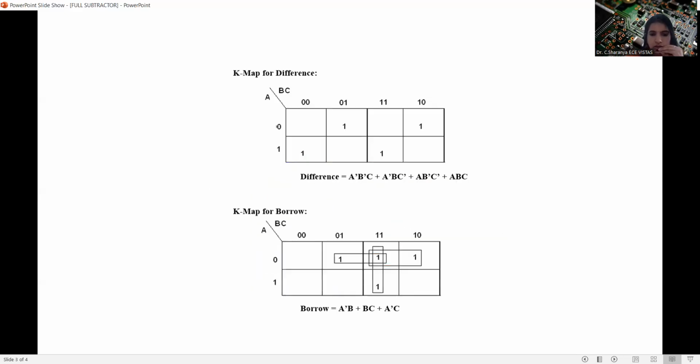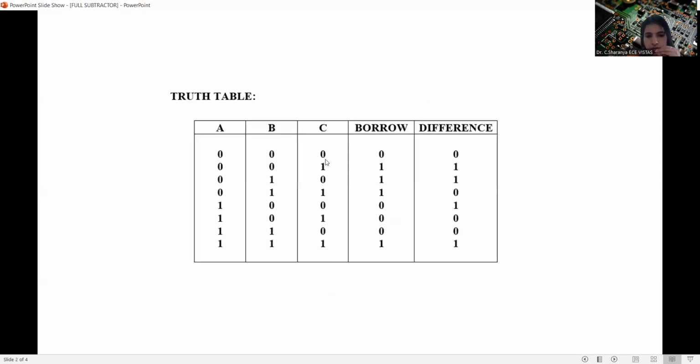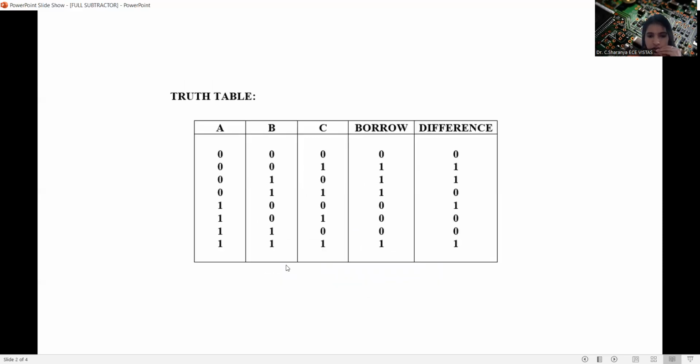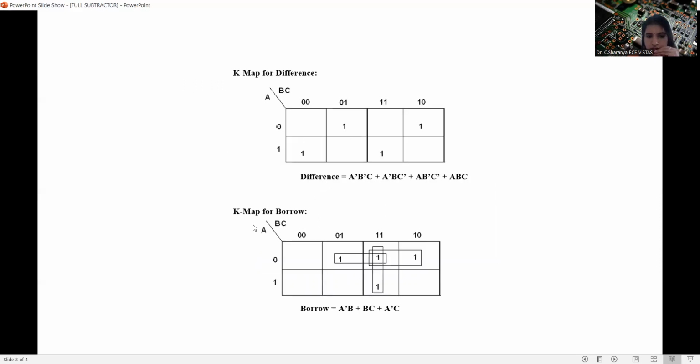Now let's plot for borrow. For borrow, we have 1 when A is 0 and B and C are 0, 1. So a 1 here. Then when A is 0 and B and C are 1 and 0, so a 1 here.